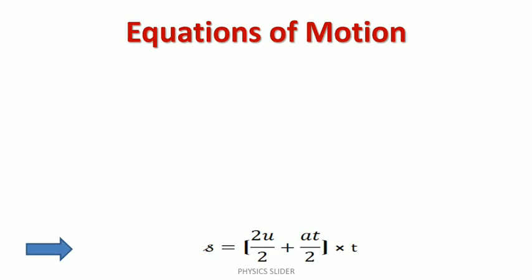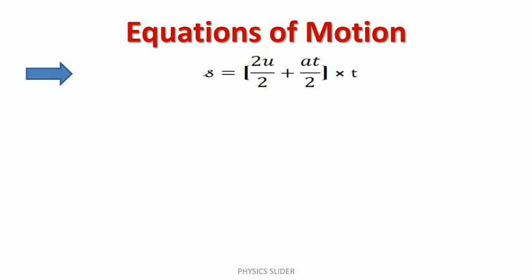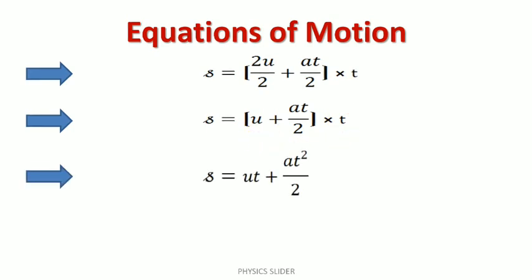Now this 2 is cancelled by that 2, and we get u plus at upon 2 into t. Now we will enter this t into this bracket, and it will be multiplied with u to give ut, and it will multiply with at upon 2 to give at square upon 2.